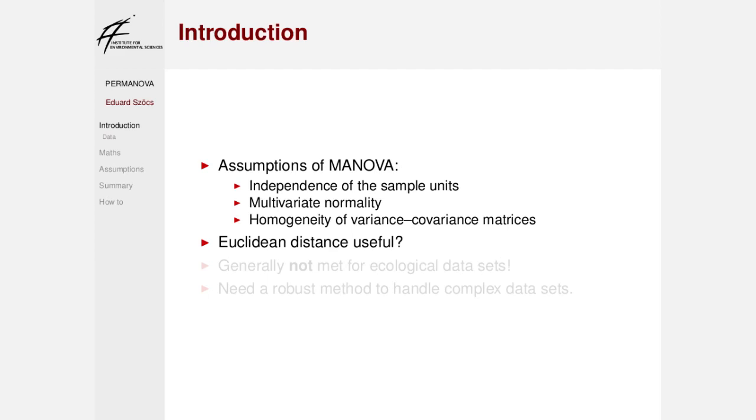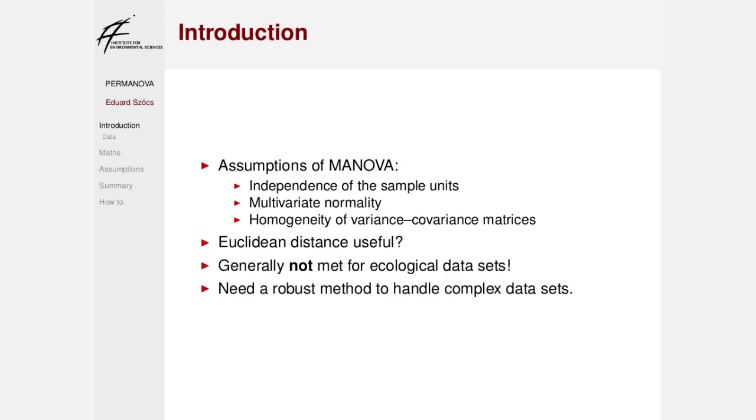These are really strong assumptions, and generally they are not met with ecological data, if you remember our sessions on GLMs or distance matrices. So we need a robust method to handle the complex ecological data sets that we have.